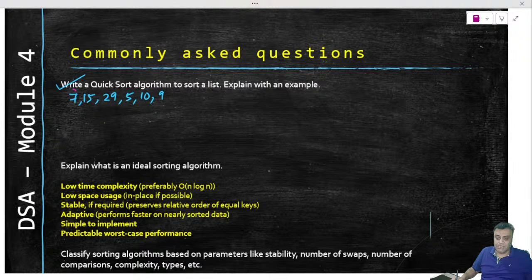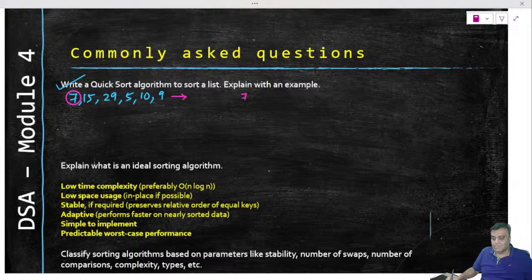So the example will say that 7 is my pivot element, and after 7 is sorted, the array will look like this, where 7 will be in the correct position.